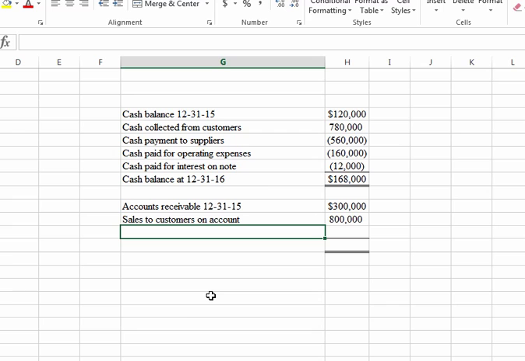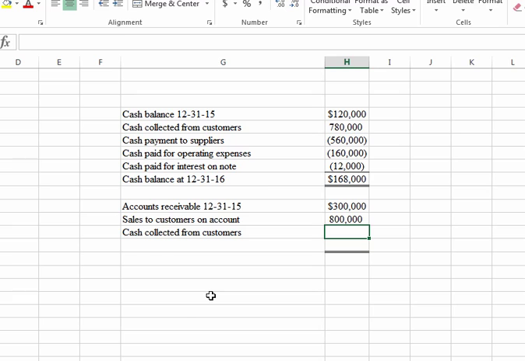Okay, cash collected from customers. This is assuming, you guys, that all their sales were made on account. They don't tell you that, but you can assume it. Cash collected from customers then would all decrease accounts receivable. That's negative 780,000.